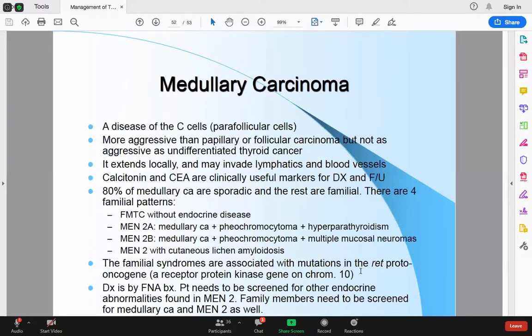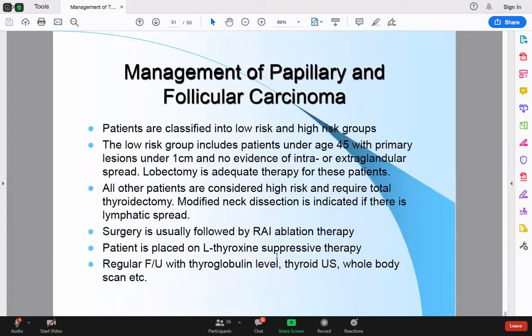Medullary carcinoma, which is another type of thyroid cancer, arises from the parafollicular cell. This is way more aggressive than the other two forms, papillary and follicular carcinoma. We talked previously about thyroglobulin.